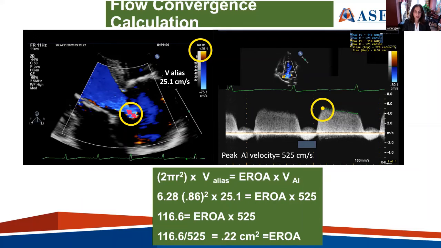So if we plug in all of our numbers, 2 pi r squared times aliasing velocity equals EROA times 525. If we multiply these values together and bring the 525 over to the denominator, we calculate an EROA of 0.22 centimeters squared.